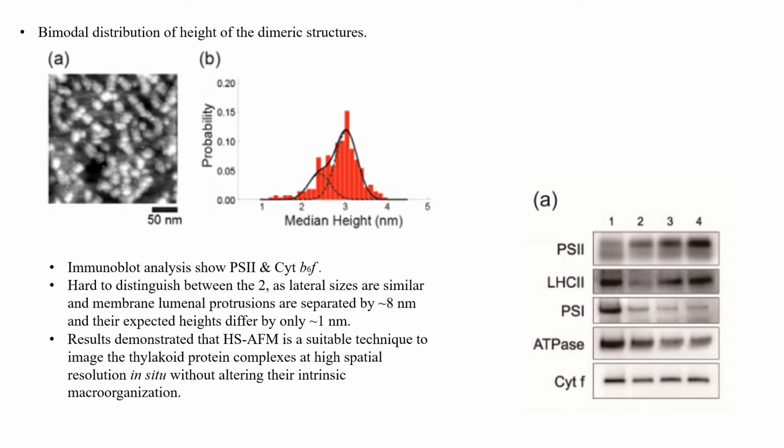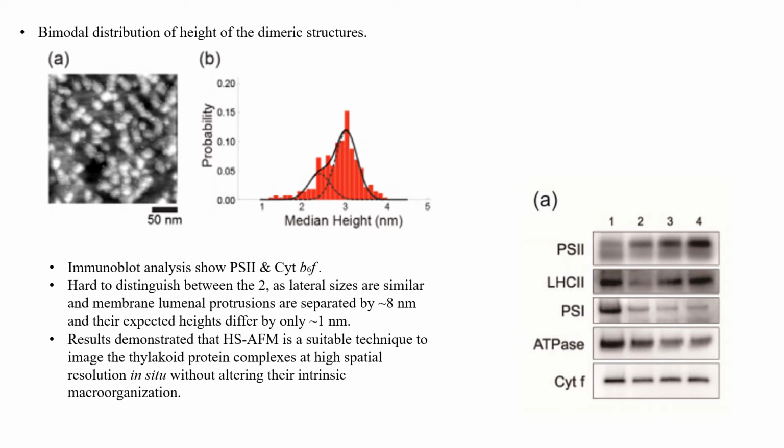In order to identify these particles, immunoblot analysis was done, and as you can see in the bottom right image, there was a positive signal for PS2 and also for the antibody against cytochrome f of cytochrome b6f.